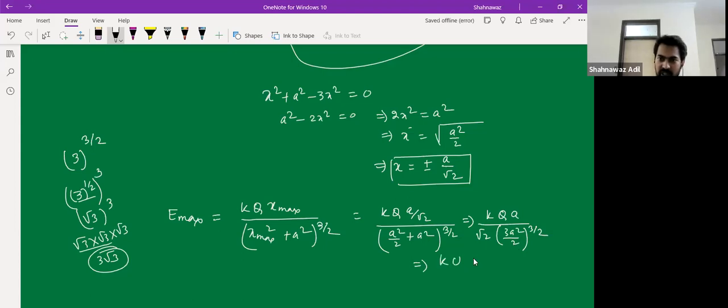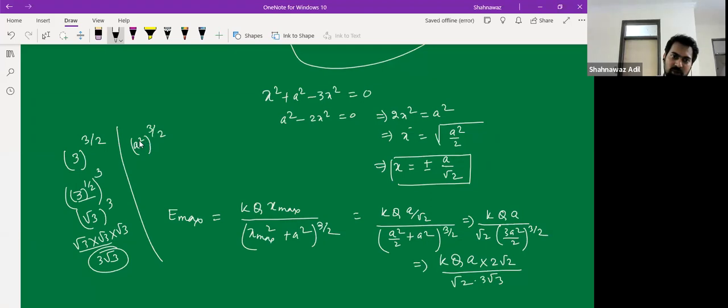So this would be KQ a, and this is 2 root 2, just like this 3 root 3, and this is root 2. What would be a square to the power 3 by 2? What would be that? So this 2 cancels, and we have a cube. Right, guys?